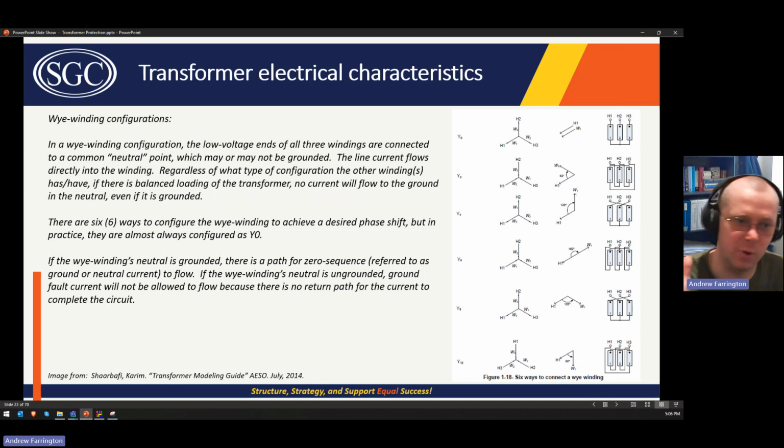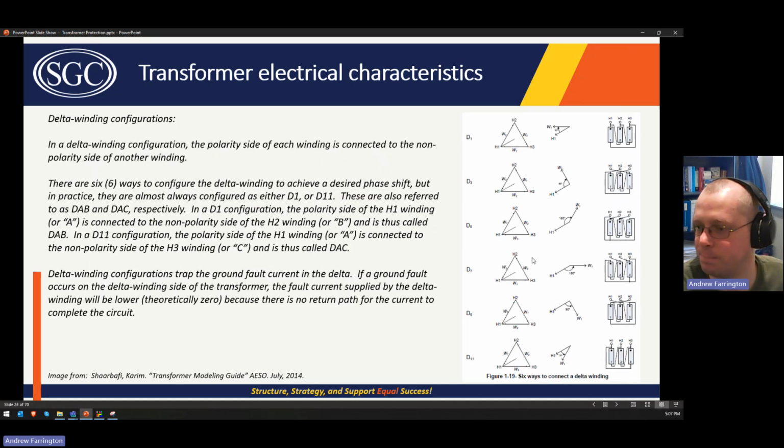And while the most common are 1 and 11, you can actually achieve any of those different clock position phase shifts through a transformer. You don't really need to worry about them, but I just wanted to make it known to you that it is possible. And here are the different ways that you can connect those windings to achieve the different phase shifts.